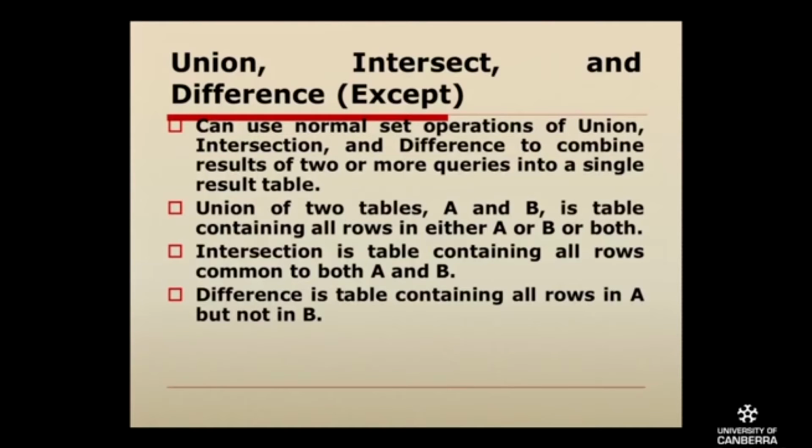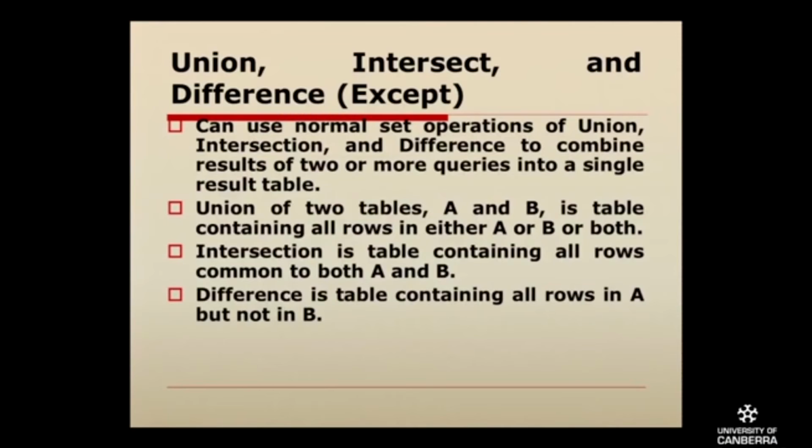And of course, if you remember, the union of two tables, if you've got the tables A and B with some attribute, if you use union, it displays the results as a table containing all the rows of A or B or both. Intersection just displays all the rows that are common, have got common values.